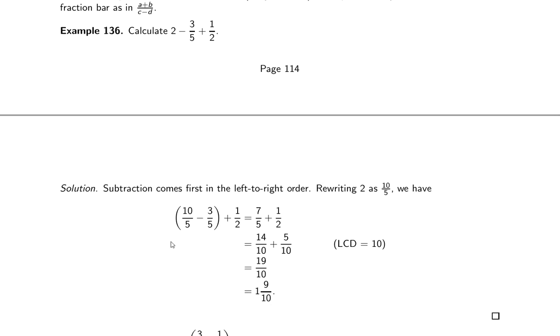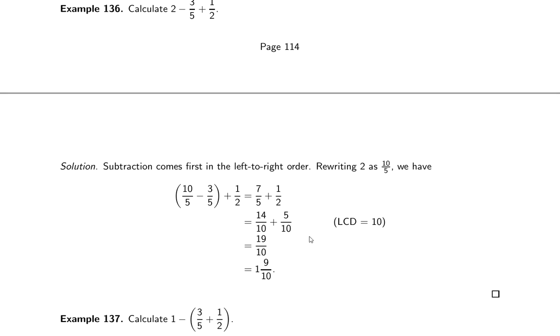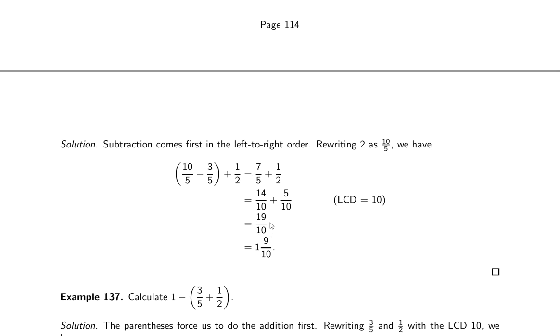The common denominator is 5, so 2 turns into 10 over 5. Minus 3 over 5, that's 7 over 5. And then do the addition. LCD is 10. So 19 over 10.